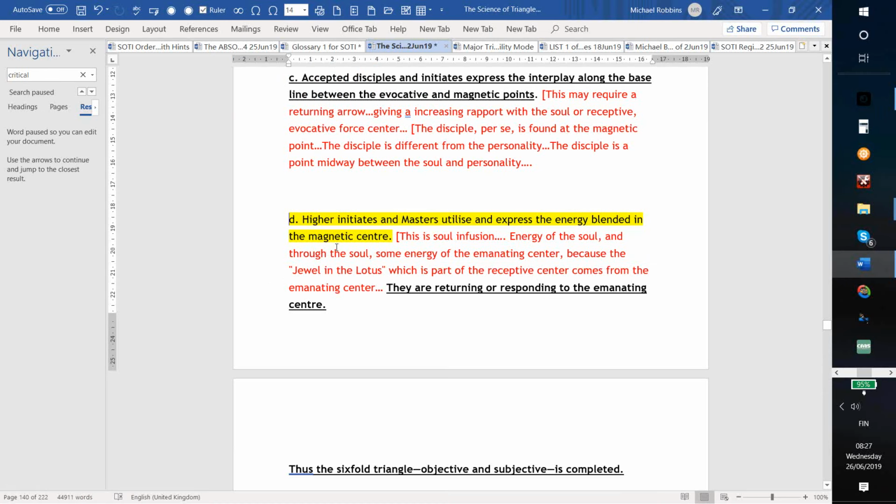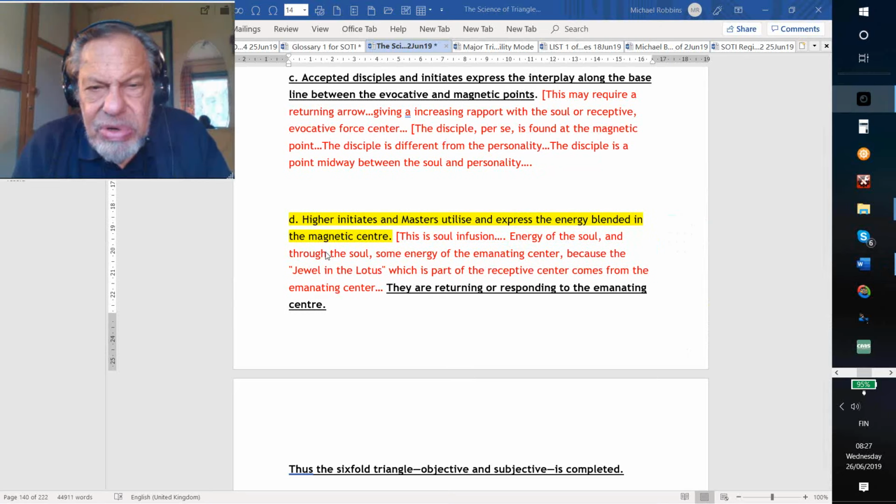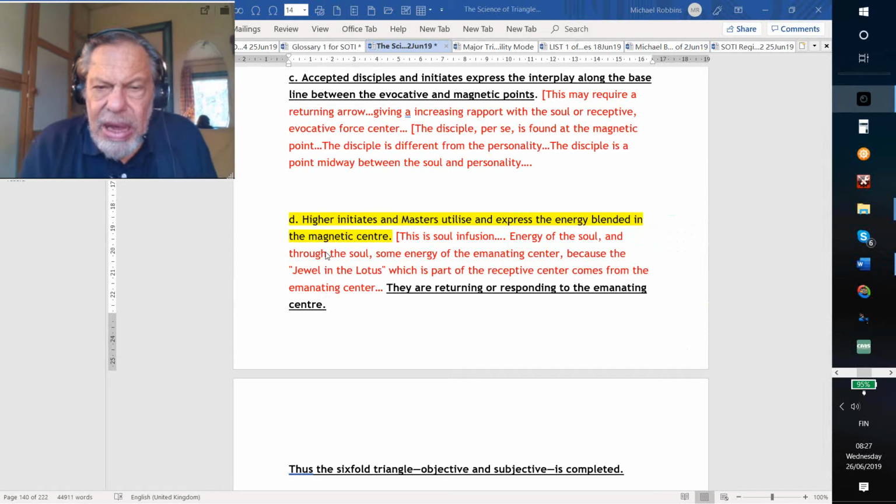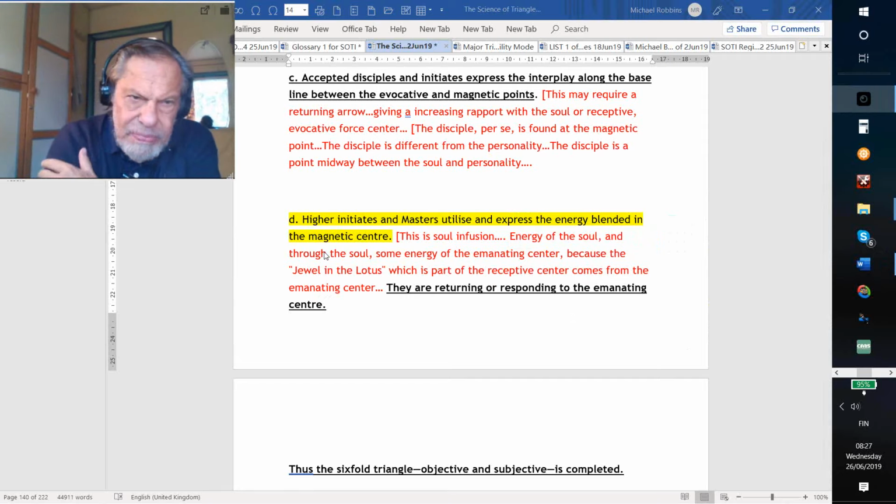Okay, so now their task, these higher initiates and masters, using the absorbed energies of the soul with a little bit of spirit in there as well, are heading straight into the higher spaces where the monad can be found.